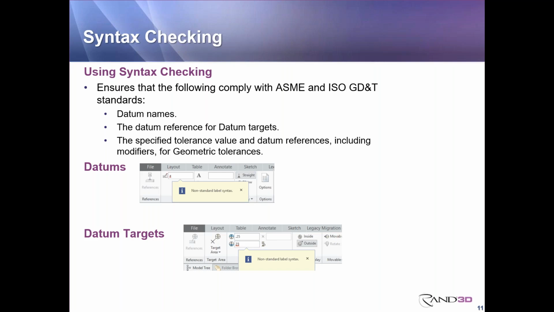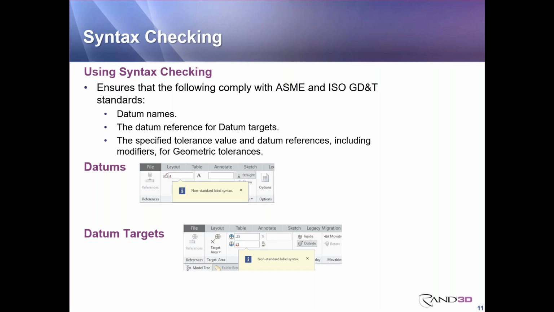You couldn't misunderstand, as you can see from these little indicators of examples, whereby the datum name was entered with a lowercase a in this image here, and there's improper syntax in a certain area of a datum target's definition. So you get these little warnings or indicators that pop up.